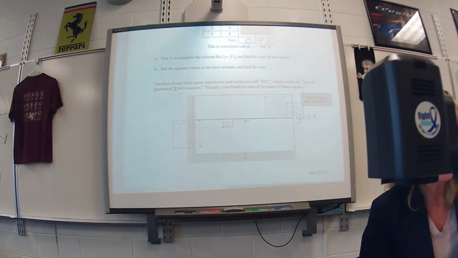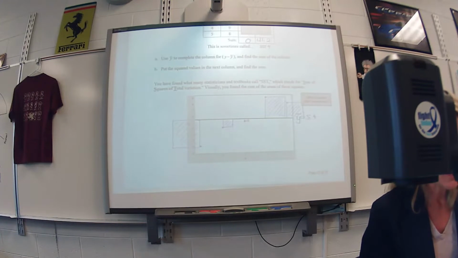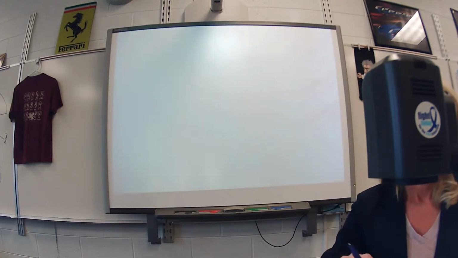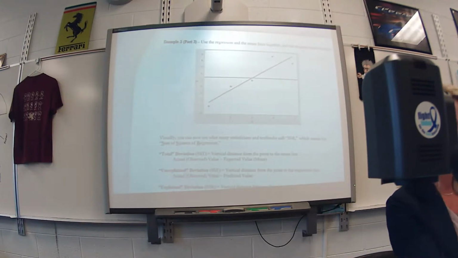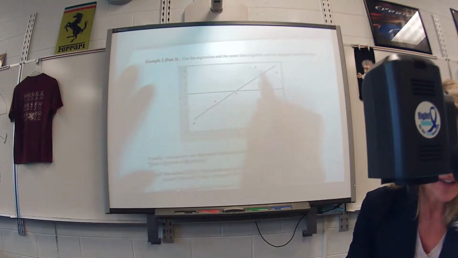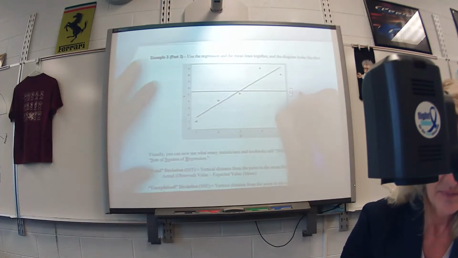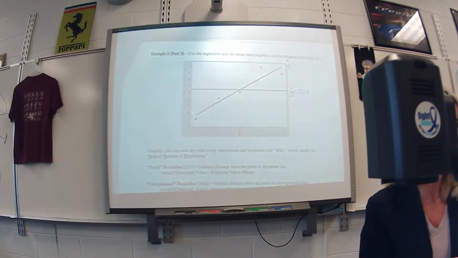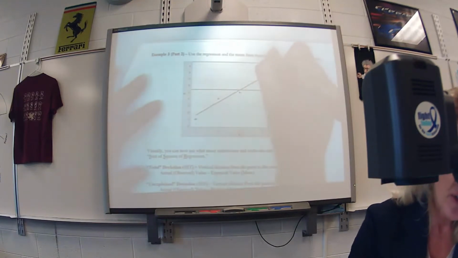So that's the error we would have expected in Y alone. The other one was the error we would have expected when we predict Y. And then I take the two diagrams and I superimpose them on each other. 5 dots, trend line, mean line. Now, I'm not going to draw the squares on top of each other, but what I am going to point out is, I'll just use this one as an example.